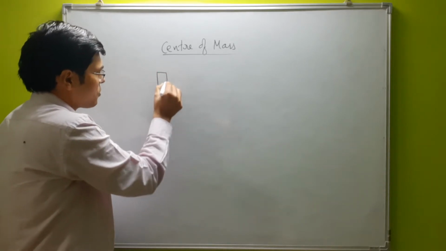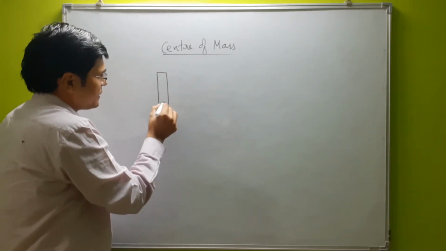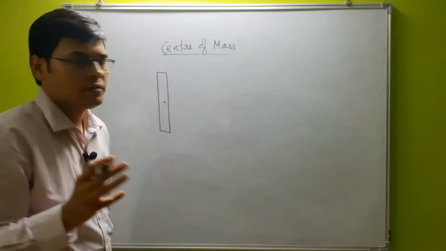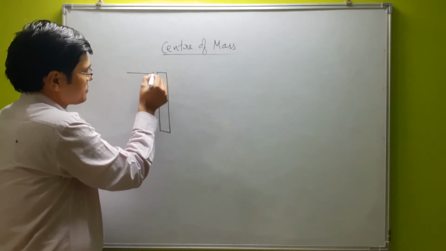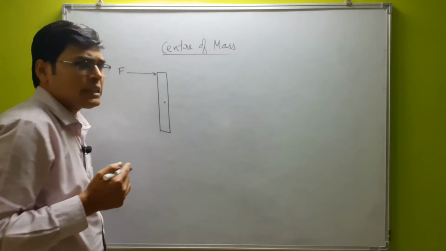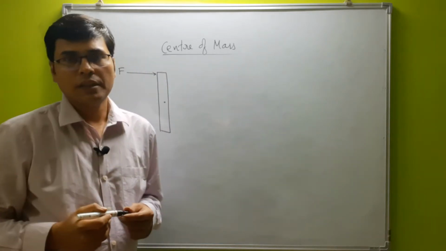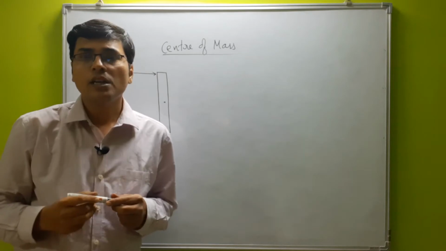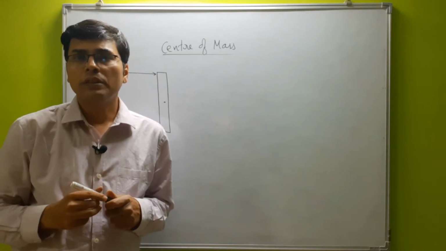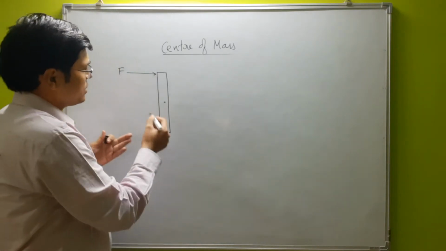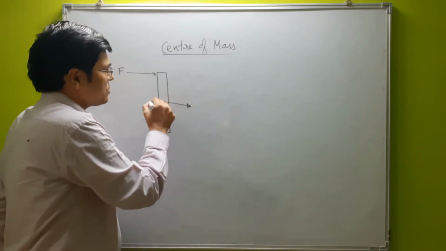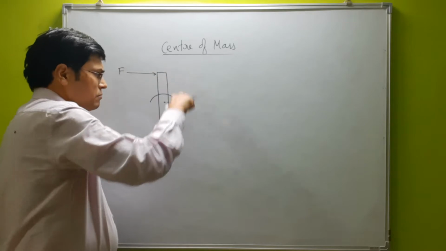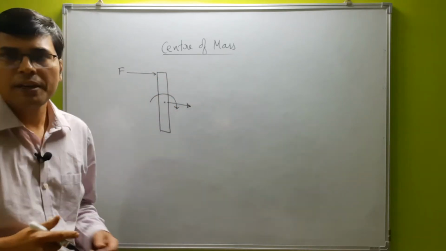This is the uniform rod, and let's say we apply a force at one end of the rod like this. So what sort of motion can we expect it to have? The motion would definitely be translation as well as rotation in the clockwise sense, right?